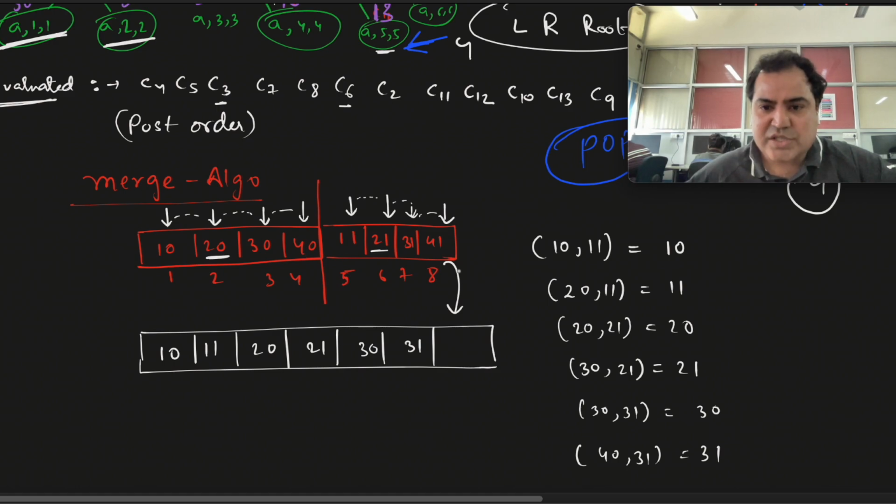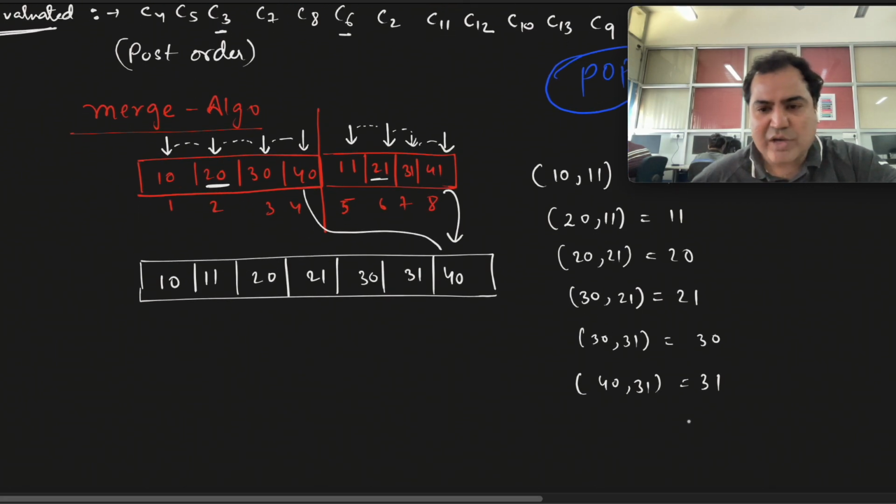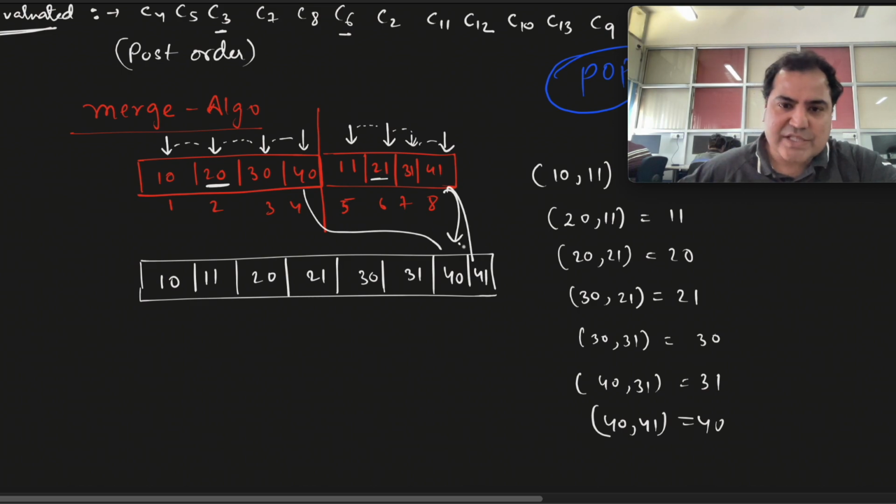The value remaining is 40, so it will be evaluated as 40 to 41. 40 is stored as it is. Now this comparison has finished because it has an equal number of elements.